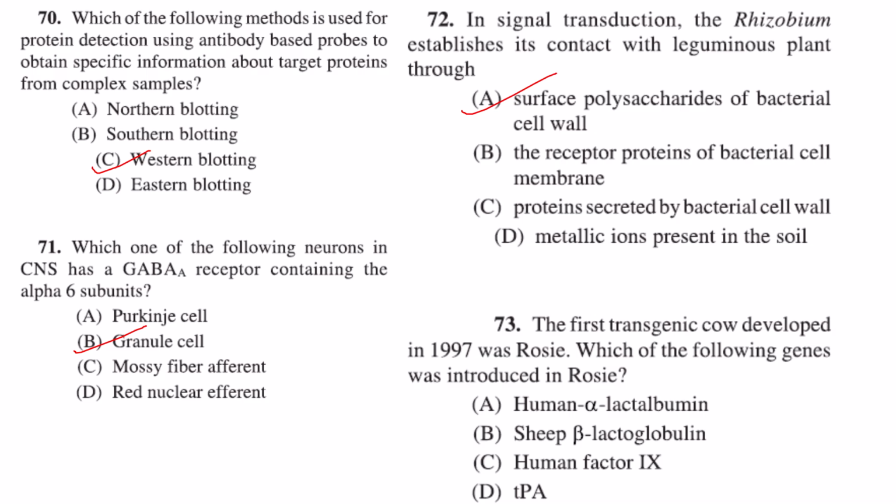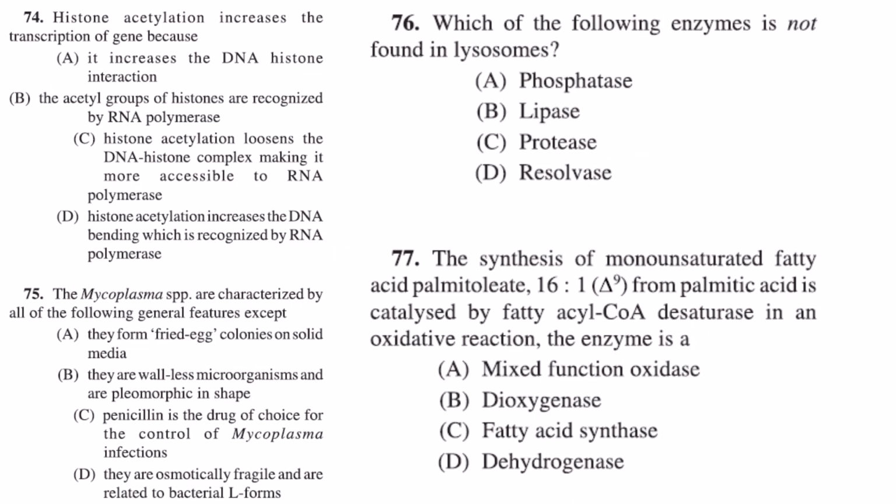Then the first transgenic cow developed in 1997 was Rosie. Which of the following genes was introduced in Rosie? It is human alpha lactalbumin. Then next one. Histone acetylation increases the transcription of gene because.